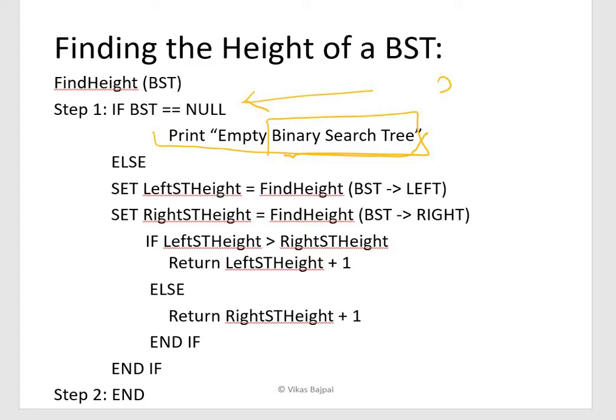Or else what we can do is we can identify the height of your left subtree, we can identify the height of your right subtree. We can go ahead with the comparison part, right? Whichever is greater, we'll add 1 to it, and we'll be able to find the height of your binary search tree after adding 1, right? That's how you're doing. Once again, it's a recursive solution.